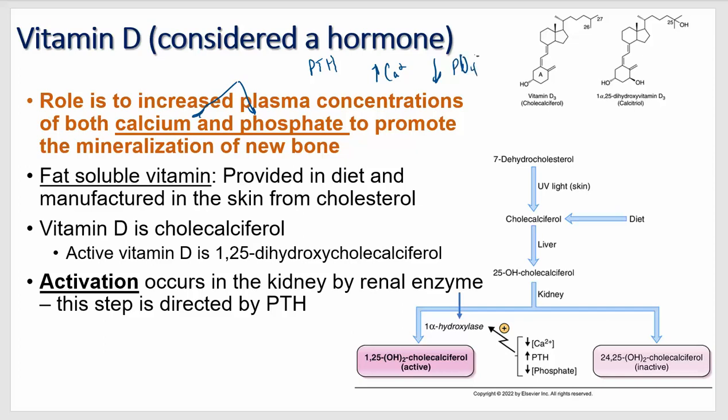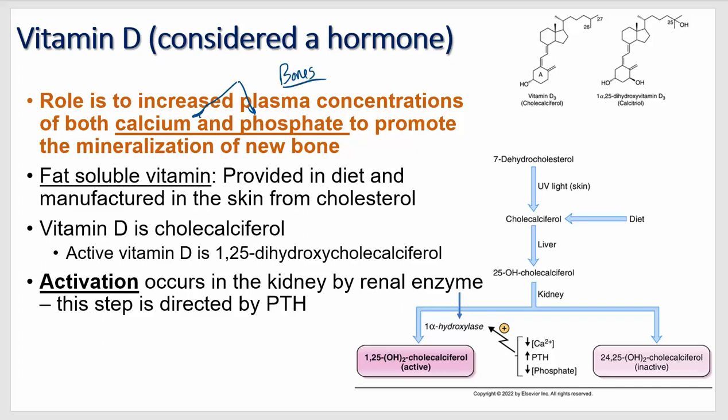So this is going to increase both calcium and phosphate. Again, like calcitonin, it builds up the bones. So does this. So this is the focus on building up bones.